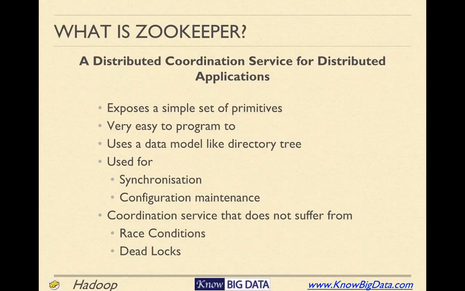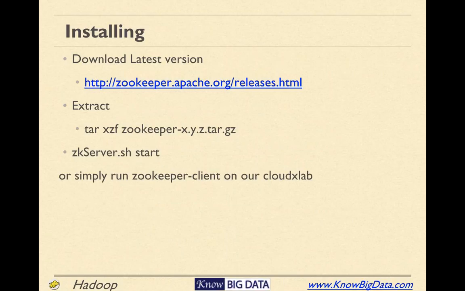Race condition means two systems trying to compete with each other, and deadlock means two or more systems having a dependency on each other, a circular dependency. That's a deadlock.